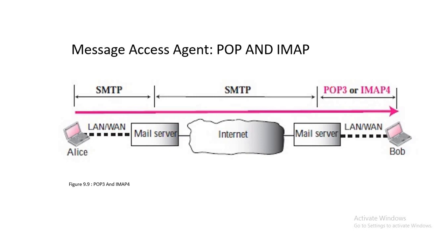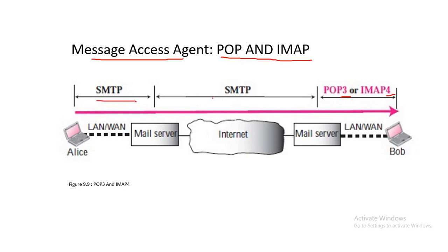Now there is the access protocol. What does the message access agent use? Message access uses two protocols, POP and IMAP. POP stands for Post Office Protocol and IMAP stands for Internet Mail Access Protocol. POP is used with the third version and IMAP with the fourth version.